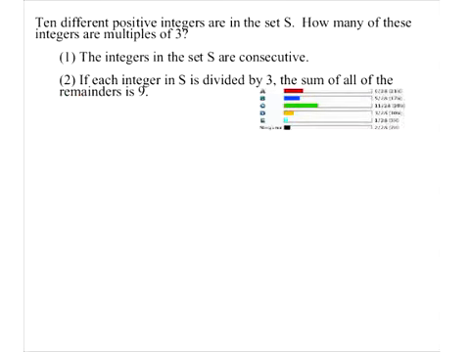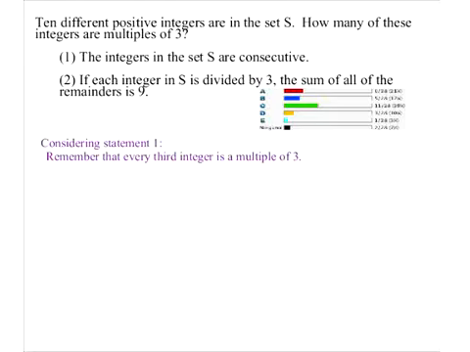So okay, you have 10 positive integers in a set. How many of them are multiples of 3? So, consecutive integers, considering statement 1, remember that every third integer is a multiple of 3.